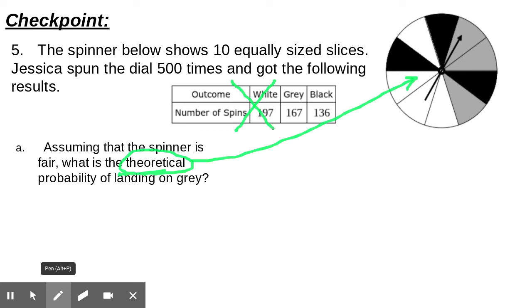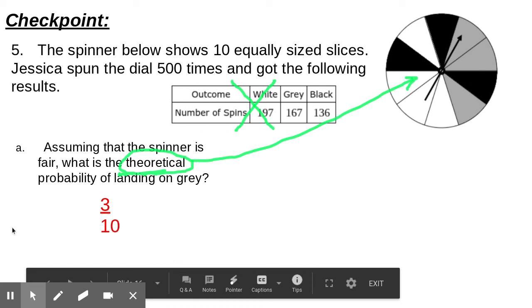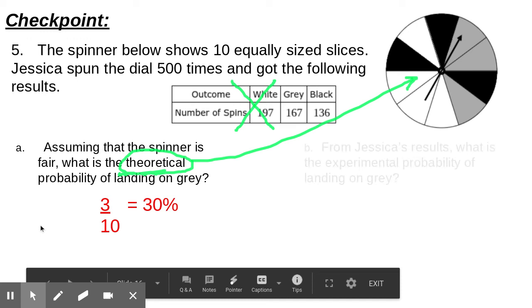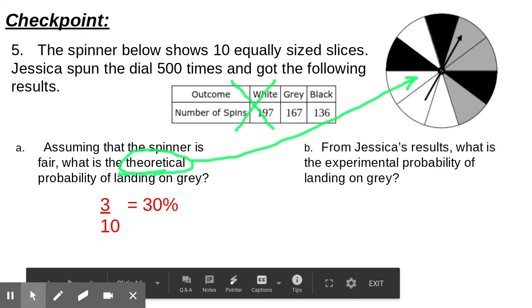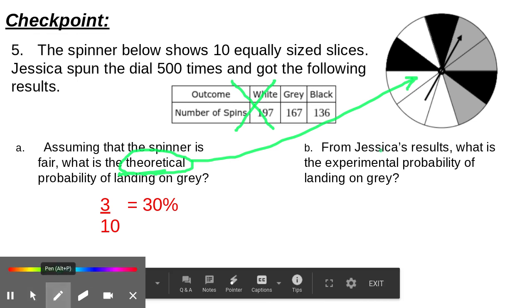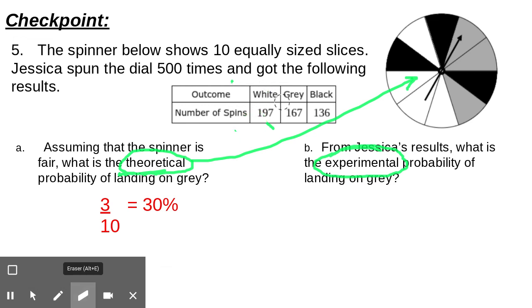Okay. So assuming that the spinner is fair, what is the theoretical probability of landing on gray? Well, if we look at our spinner, we have 3 sections that are gray out of 10, and that's about 30%. Okay. So now I have part B to this question. It says, from Jessica's results, what is the experimental probability now? Experimental. So for the experimental probability, I am looking at the table now, okay?